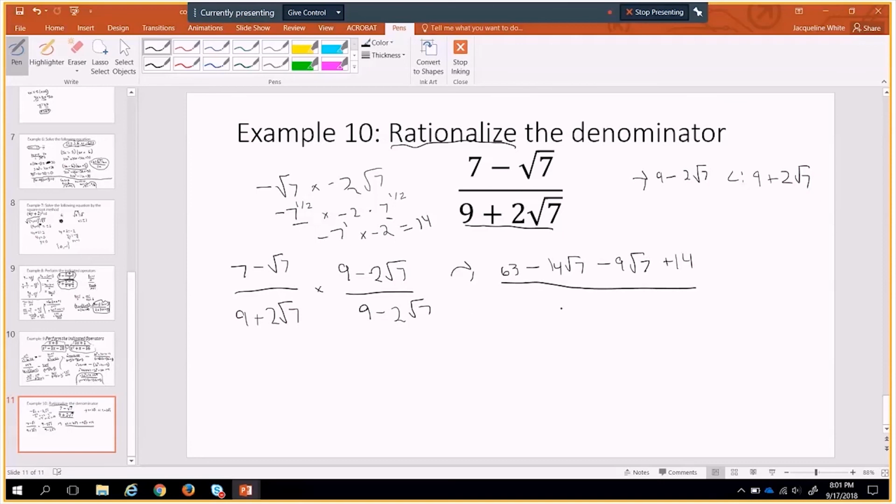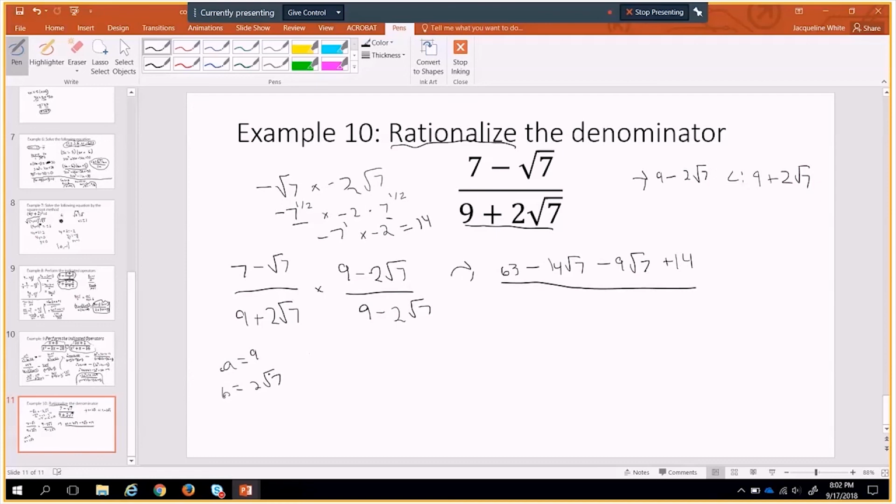And that's our numerator. So the denominators for these guys share a lovely property. When we multiply conjugates of each other, we're going to have a thing called a difference of squares. So let's say our A is equal to 9, and our B is equal to 2 times square root of 7.